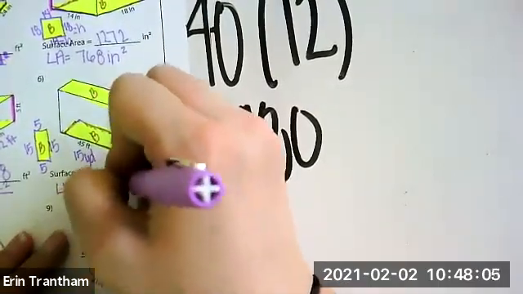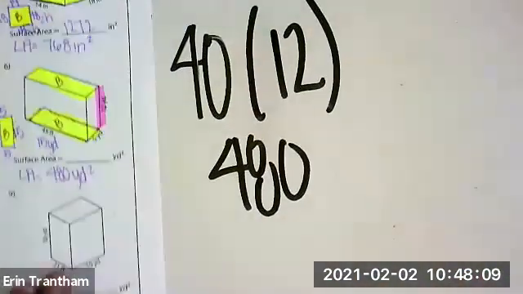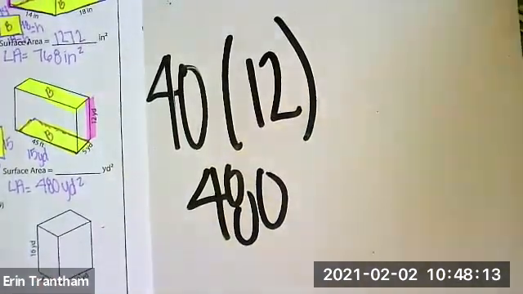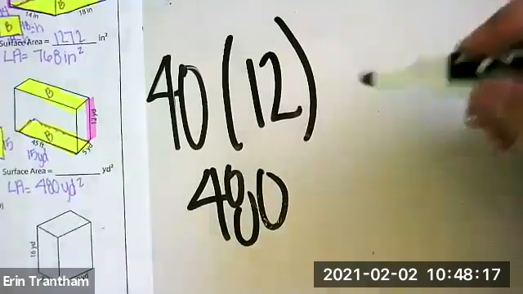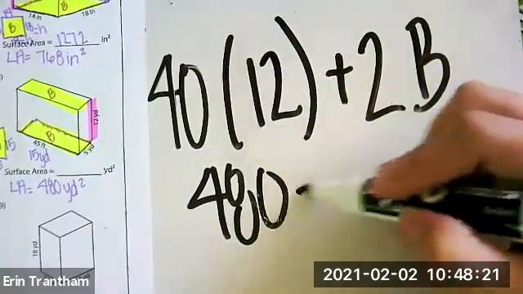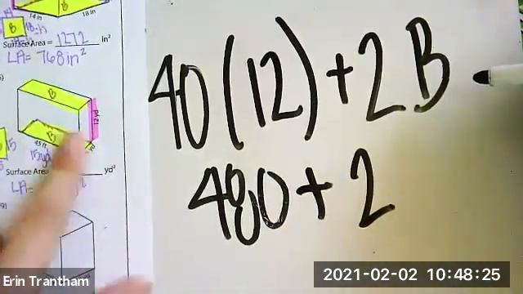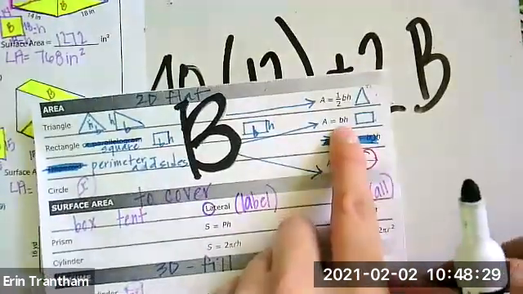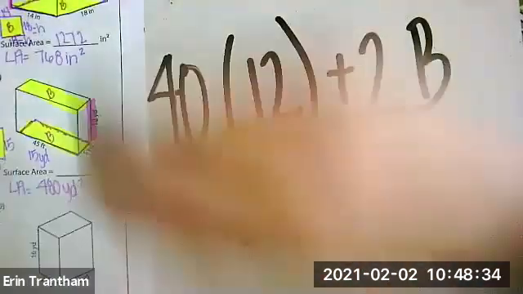Yards squared. Okay, to get my total surface area, what do I have to do? Plus 2 times big B. Okay, so we're going to add 2. The base is a rectangle. We're going to go to the big B section. Rectangle equals little b h.